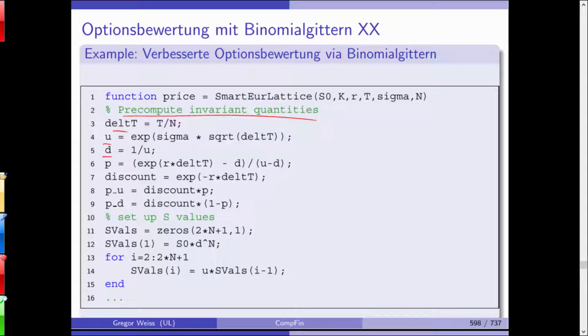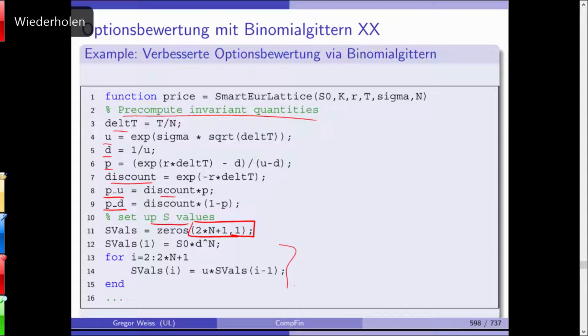Delta t, u, d, p, but also the discount factor, and p times u and p times d, which is just the discount factor times p and the discount factor times 1 minus p. Then you set up the s values, and you don't need a matrix, you just need a vector. So you can save on some memory here.